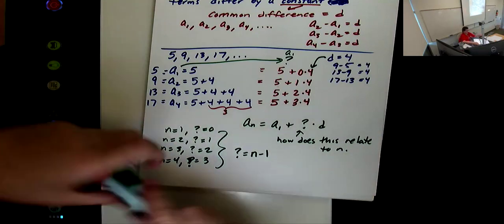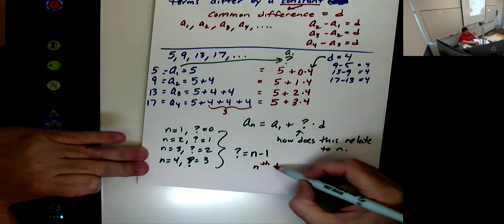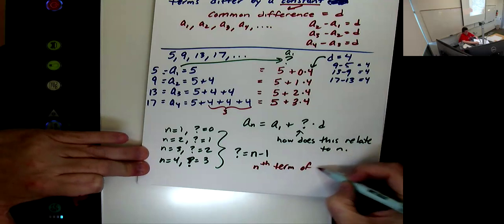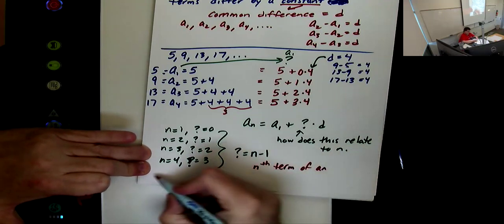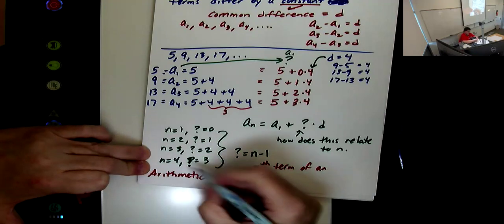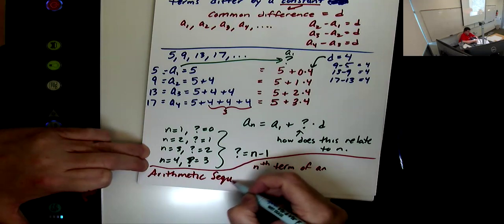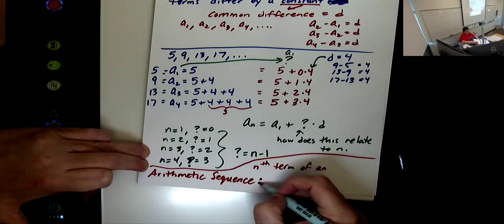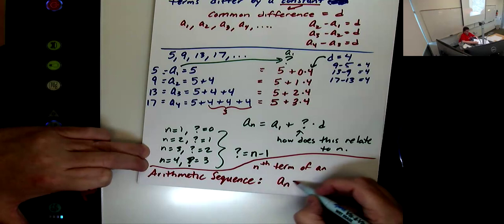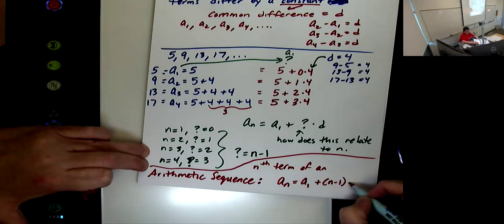So the nth term of an arithmetic sequence: a sub n equals a sub 1 plus n minus 1 times d.